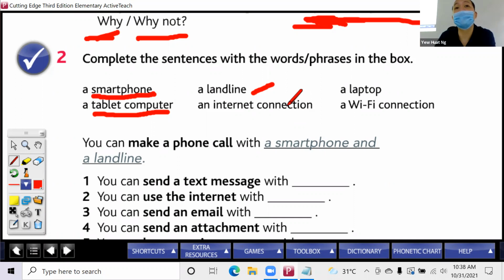So nobody calls the landline also. How about you? Do you have a no landline, but nobody uses? Same here. No, I have a landline, but my mother-in-law uses it, and my wife also, because now she's working from home. Okay, because she's working from home. So, what do you use the landline? Oh, okay, okay, okay. All right, next one. What is this?